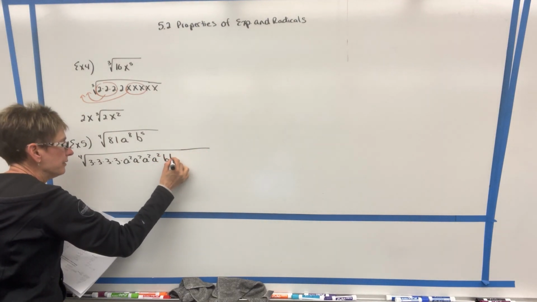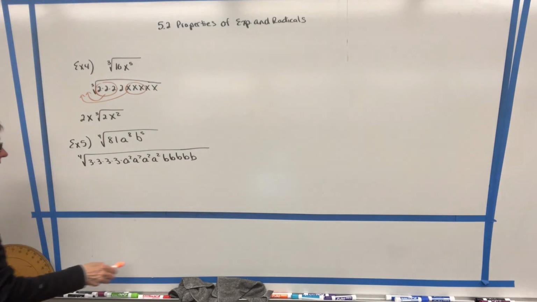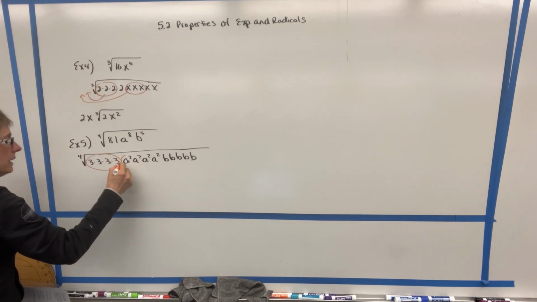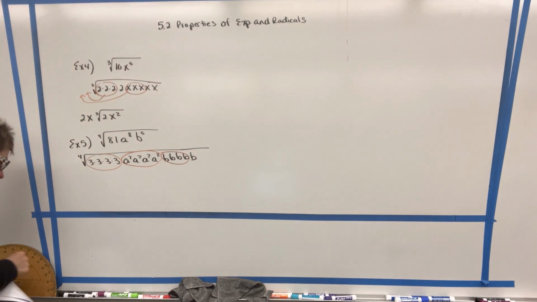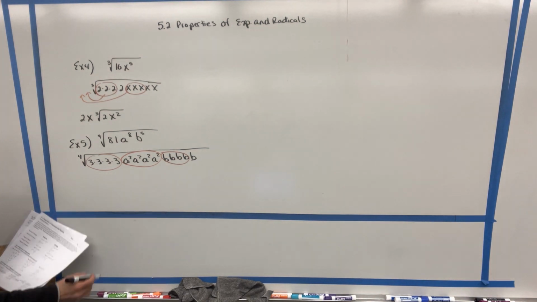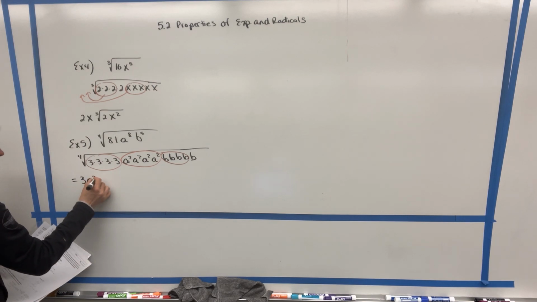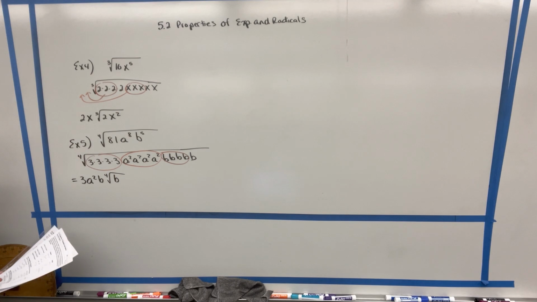And then I've got 5 b's here. If I'm looking for groups of 4, I can take out a 3, an a squared, and a b. And it looks like I do have 1 b left inside the radical. So this is 3a squared b times the 4th root of 1b left inside there.